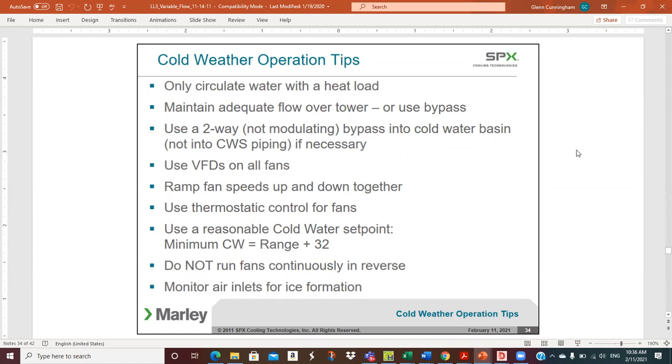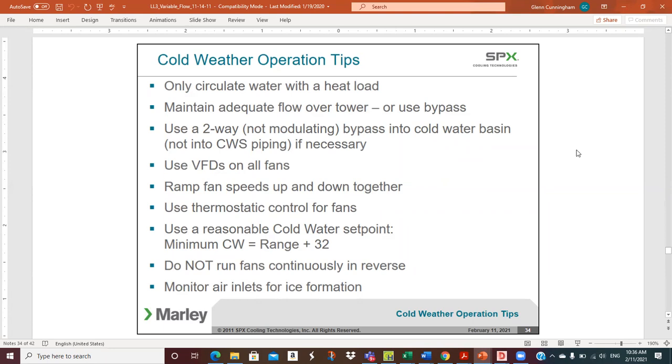Use VFDs on all fans. If you're ever involved in speccing a tower these days, you probably want VFDs on all your fans. Ramp speeds up and down together. If you're running however many cells you're running, run them all at the same percent speed. Use thermostatic control for fans. Use a reasonable cold water set point.